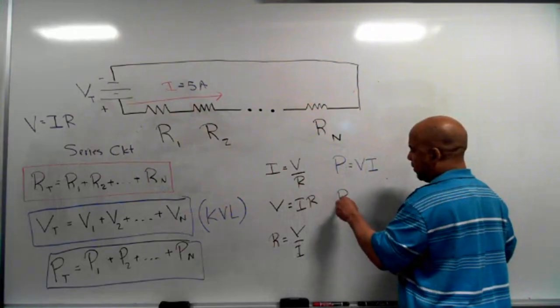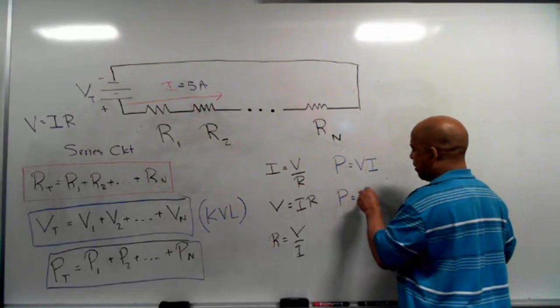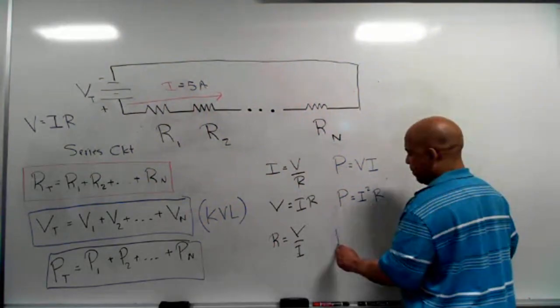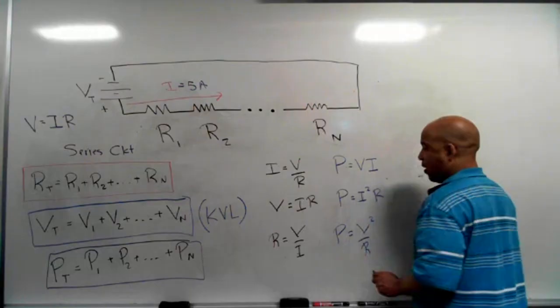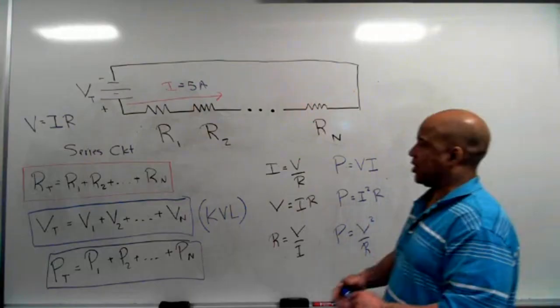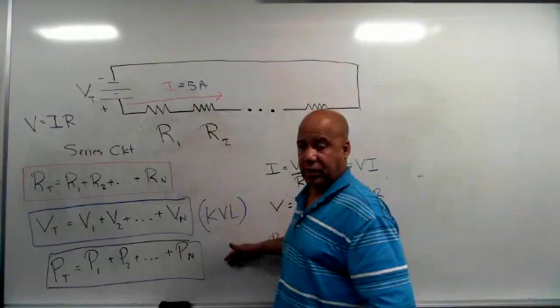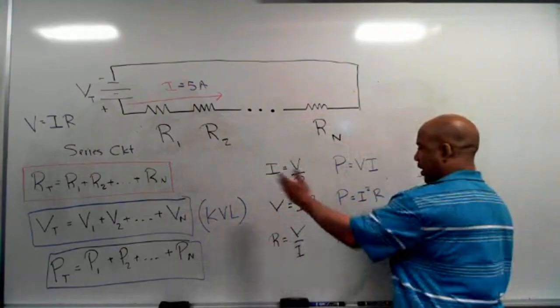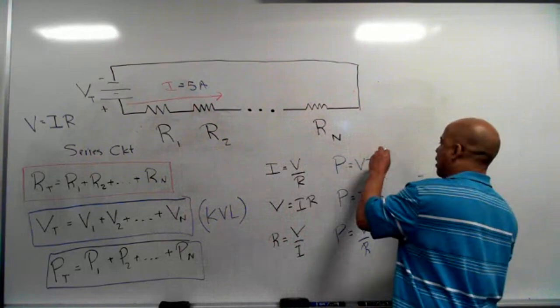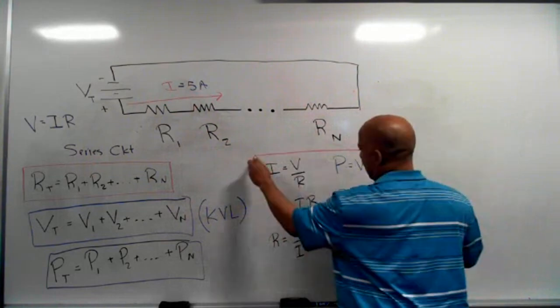We came up with P equals I squared R, and P equals V squared over R. So we got this set of equations that apply to a series circuit, and then we got these over here that we use in conjunction with those to help us solve whatever kind of circuit we're trying to solve.